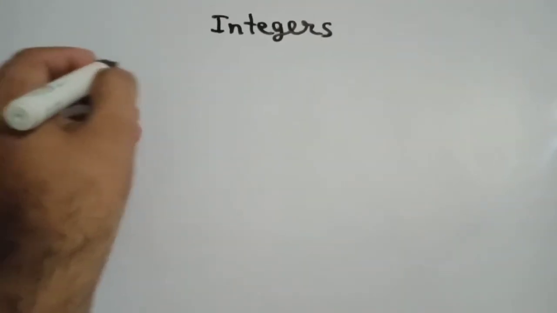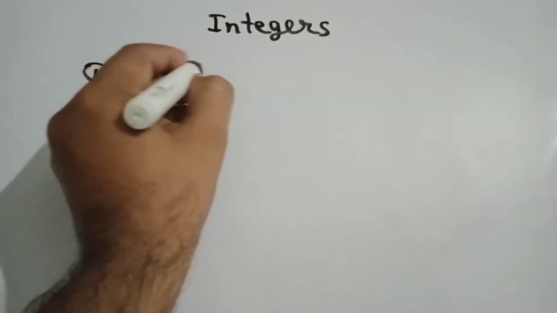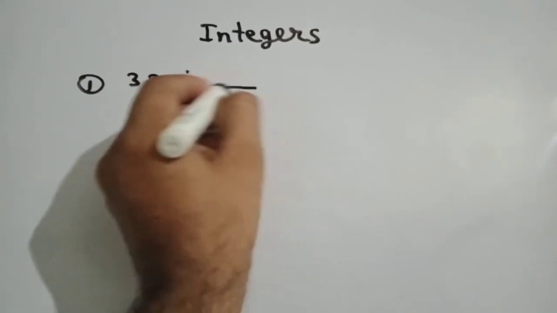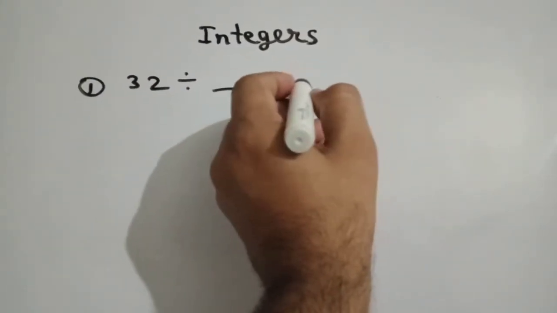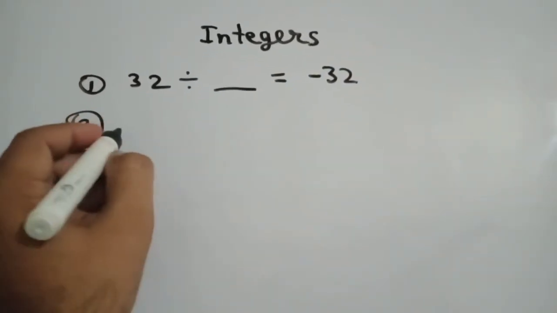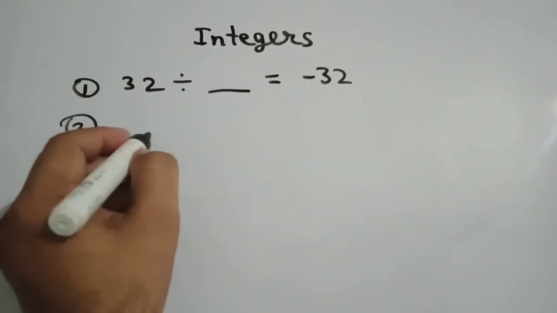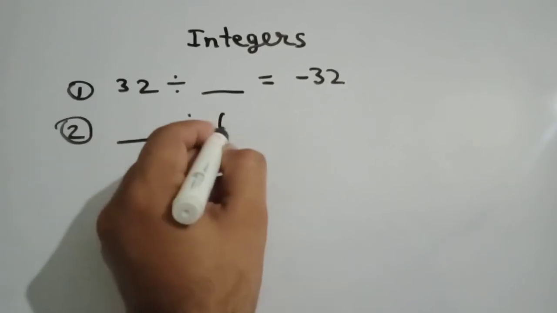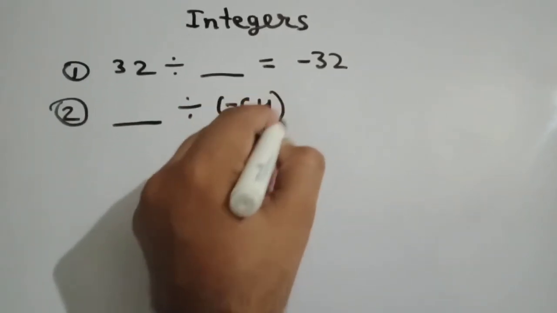First part: by which number is 32 divided so the result is negative 32? Second: which number is divided by minus 54 so the result is 1?